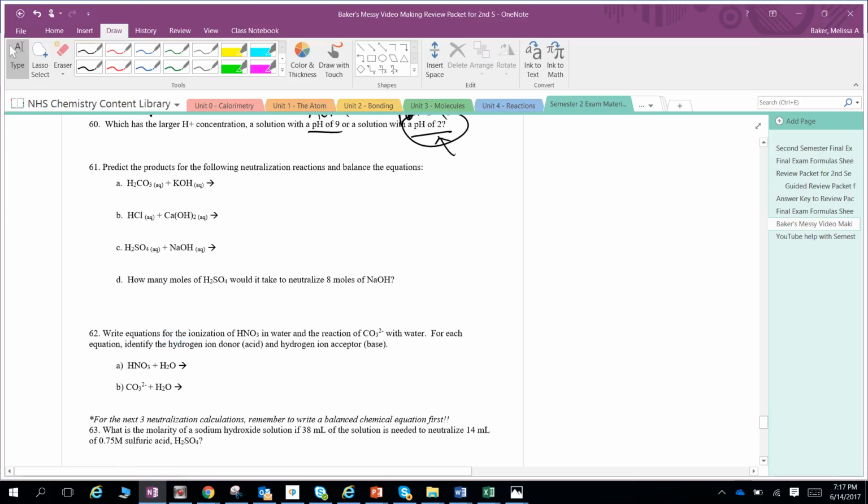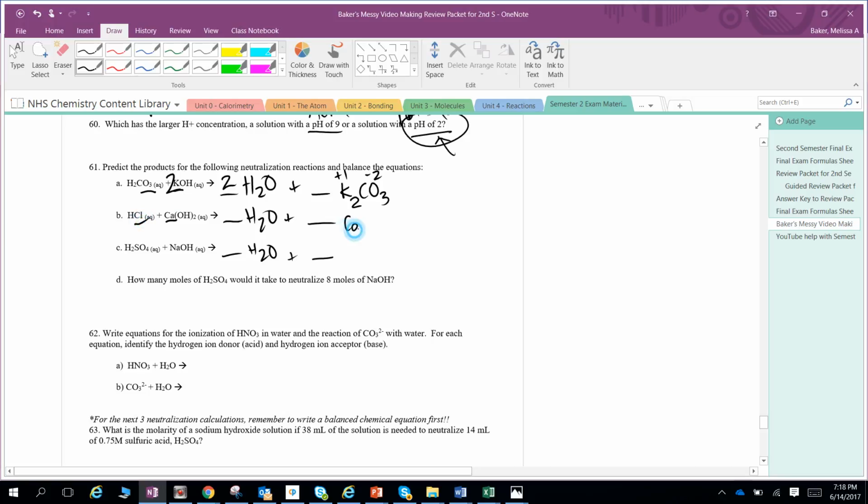And then for number 61, it says, write out the neutralization reactions. Well, that's a big hint that they're all going to make water, because that is a neutralization reaction. But you have to figure out what the salt is that's formed by looking at what's left and crisscrossing the charges. So potassium and carbonate will form K2CO3, which means you need a couple of 2's to balance it out.